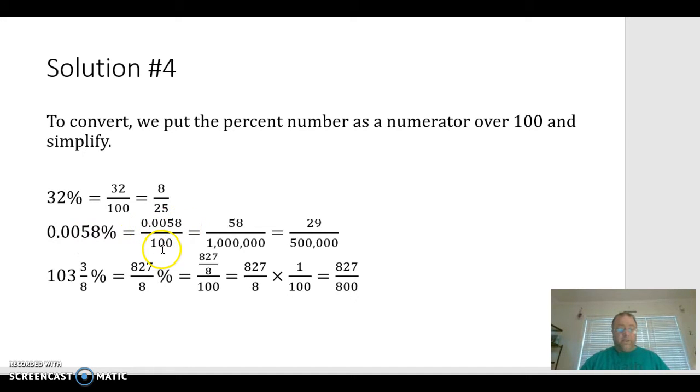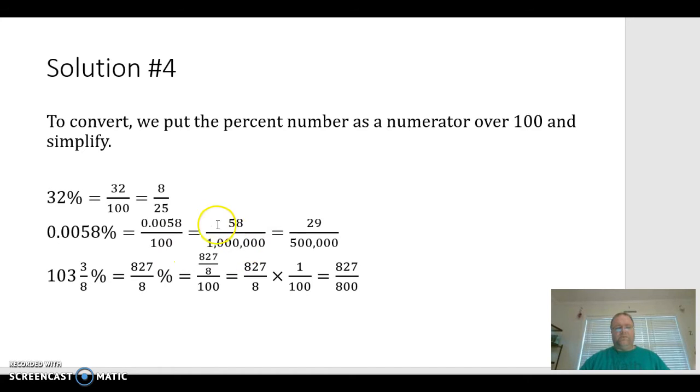0.0058 over 100. Now, in order to get rid of the decimal places here, we can multiply both the top and the bottom by 10,000. That will move the decimal place 4 to the right. So if we multiply the top by 10,000, we get 58 because 1, 2, 3, 4.